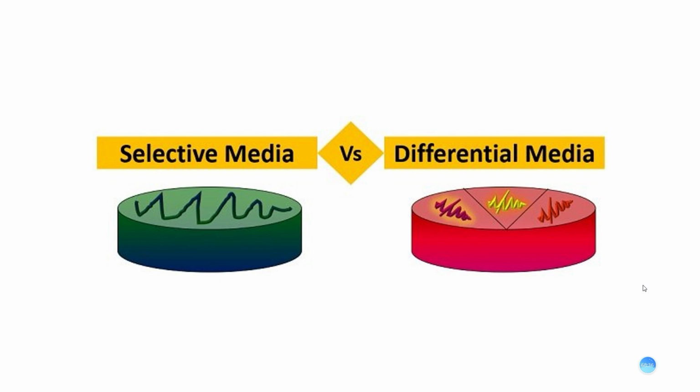So you can tell the difference according to their color, the texture, or the pH, like the pH indicator. But just keep in mind that any specific medium can be both selective and differential. It all depends on its function and how you use it.